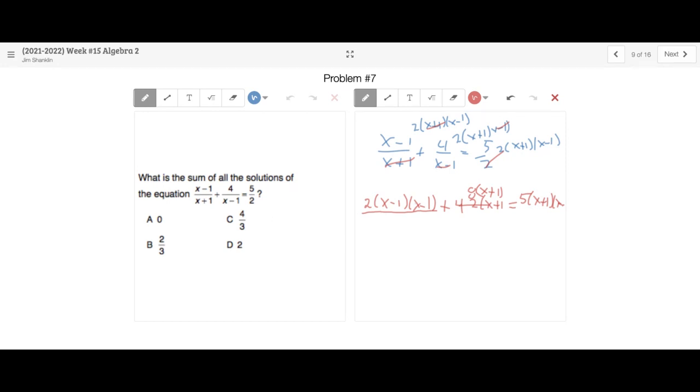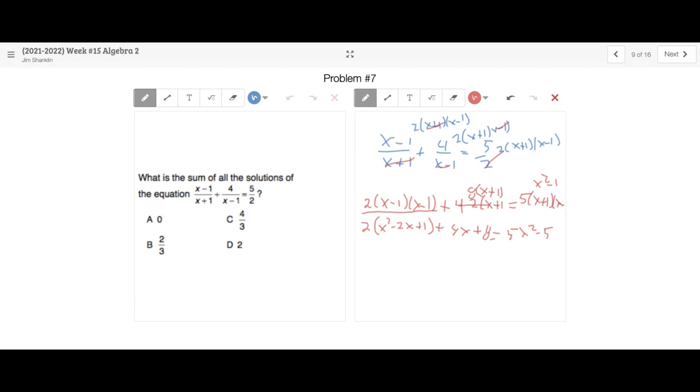So here, I have to multiply through, so what is that going to give me? X squared minus 2x plus 1, and I still have the 2 out in front. This here is going to give me 8, x plus 1, so that's going to be 8x plus 8, is equal to x squared minus 1 here, so that's going to be 5x squared minus 5.